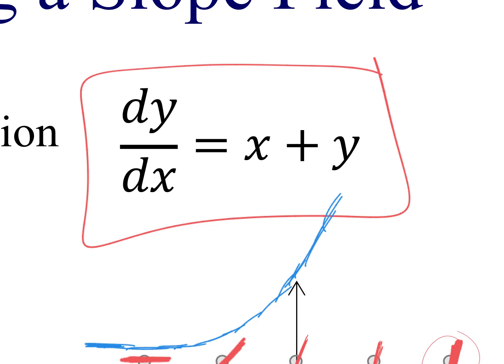All right, did you run your slope field? No, not y1, alpha 1. Is it working out?